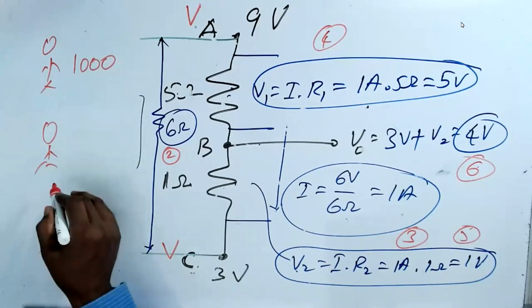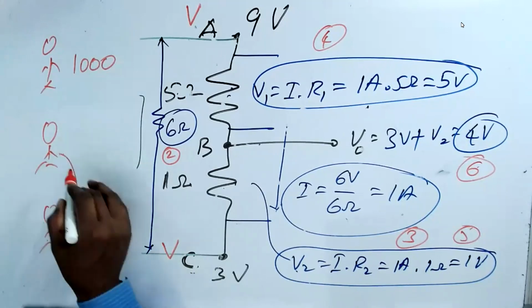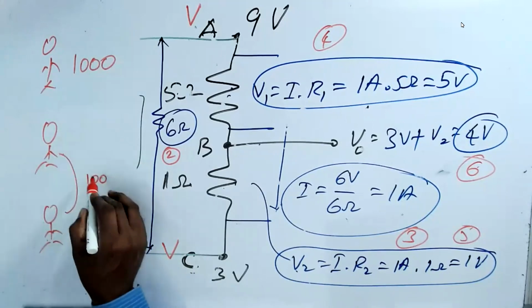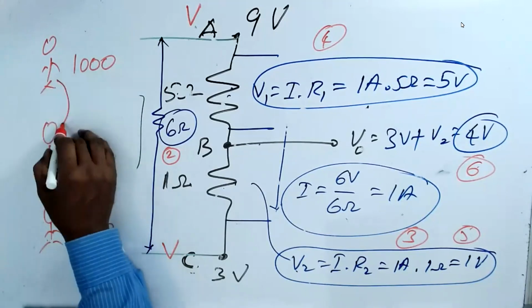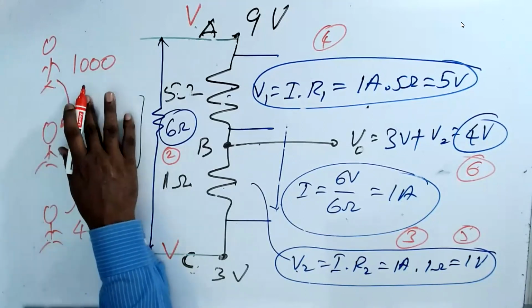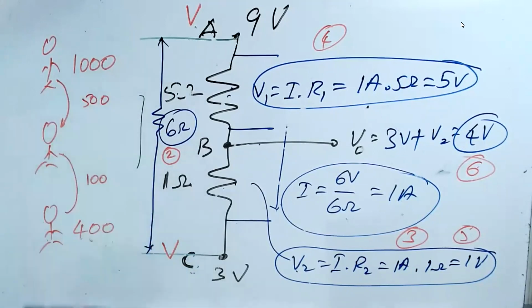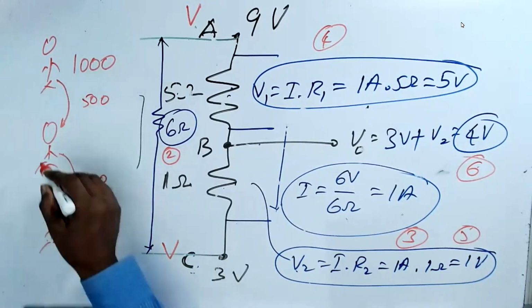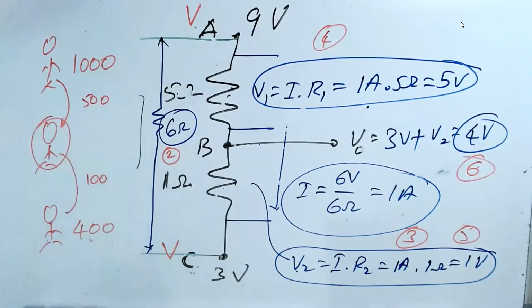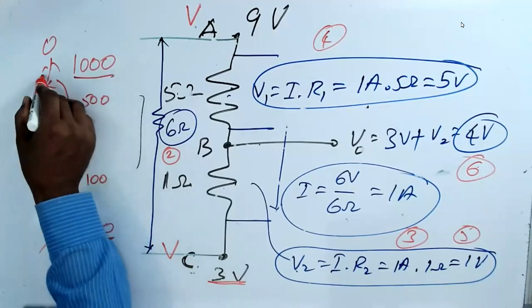Now, this guy is more than 400 rupees, and this guy is less than 1000 rupees. This guy is sitting in between these two guys. One guy is having 400, that is 3 volts.